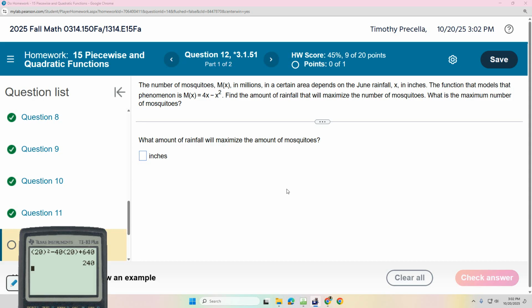Find the amount of rainfall that will maximize the number of mosquitoes, and what is the maximum number of mosquitoes? So X, let me make a note: X is the number of inches of rainfall. That'll be the first answer, the minus b over 2a.